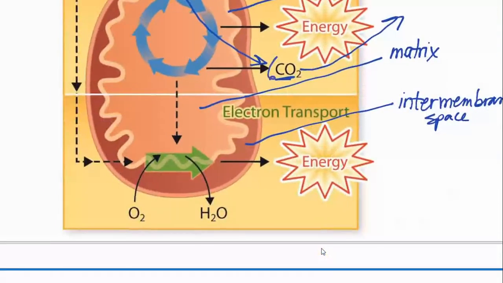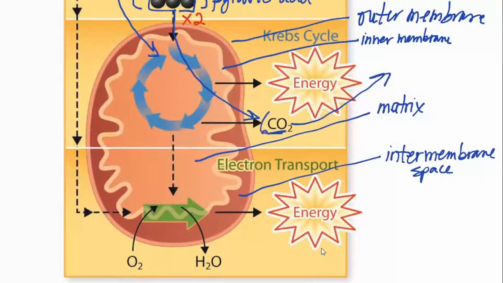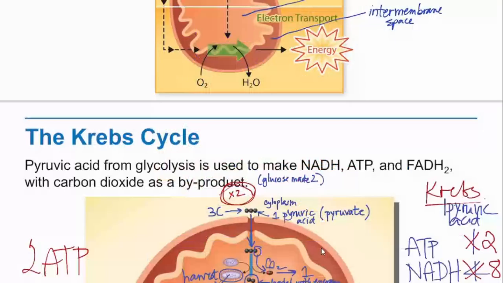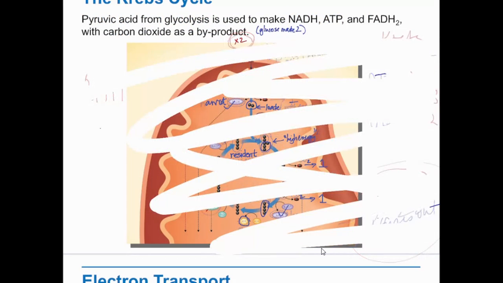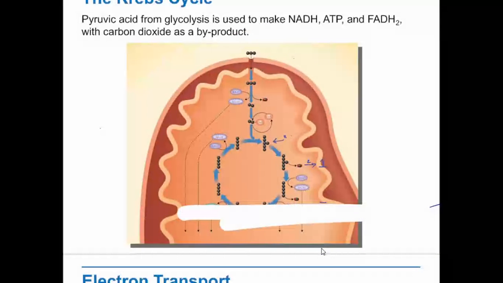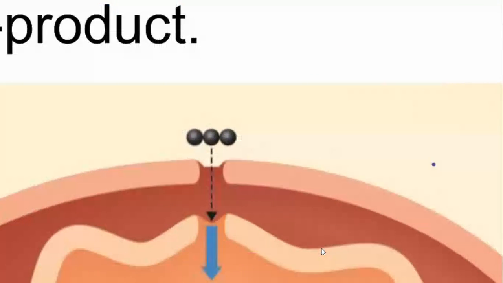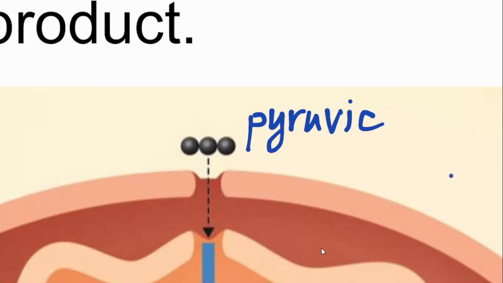So let me take you to a drawing of the Krebs cycle. Okay. Here's our little pyruvic acid molecule, and I'm going to label it. So we just have one of them here. And remember, when we are done, we're going to multiply everything we do by 2.